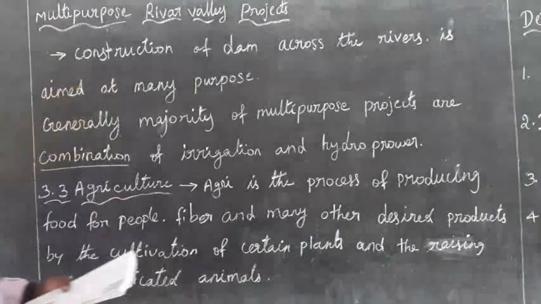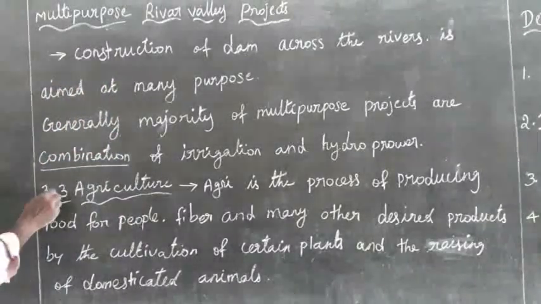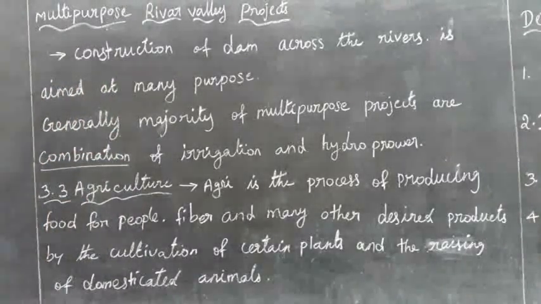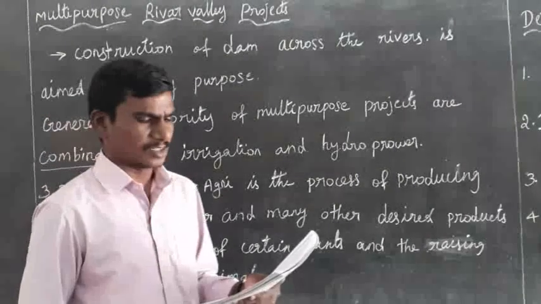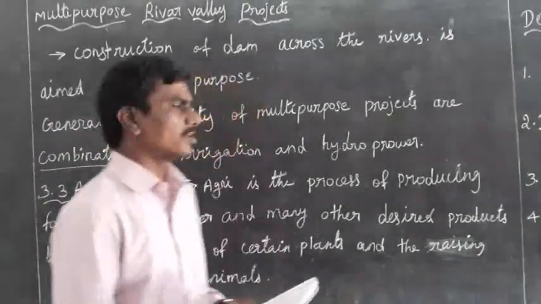Next one is 3.3 agriculture. What is meant by agriculture?